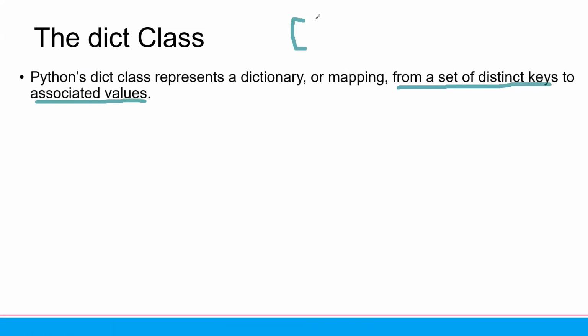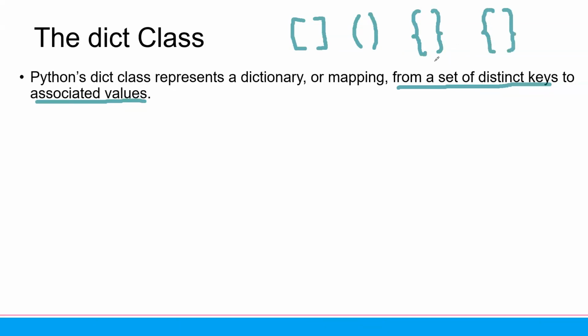Again, I will show you. If it is a list, we use square brackets. If it is a tuple, we use parentheses. If we use the curly braces, it is a set. In a dictionary, we will also use the same curly braces.